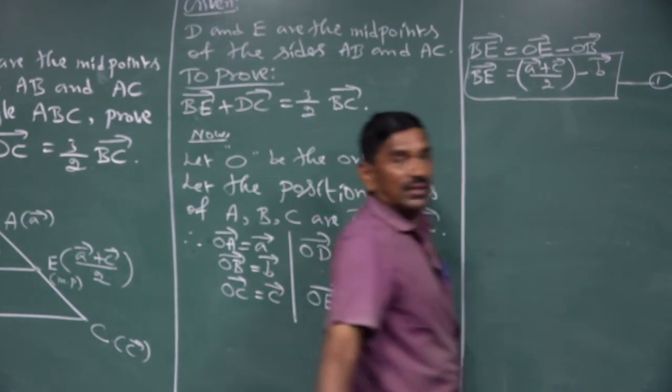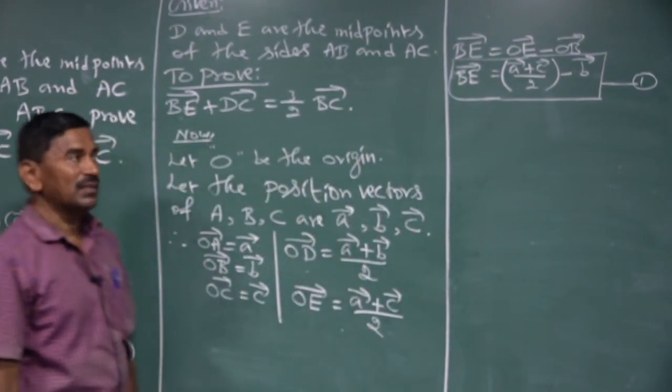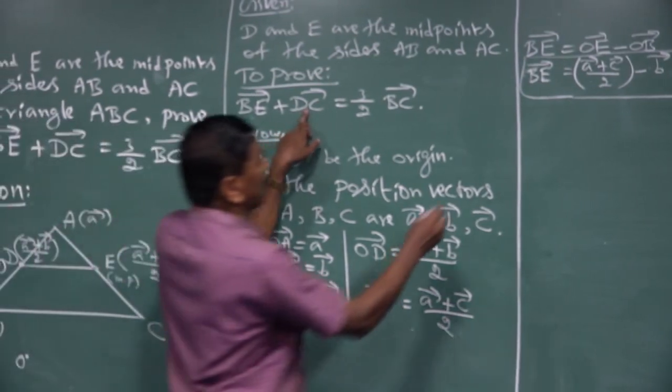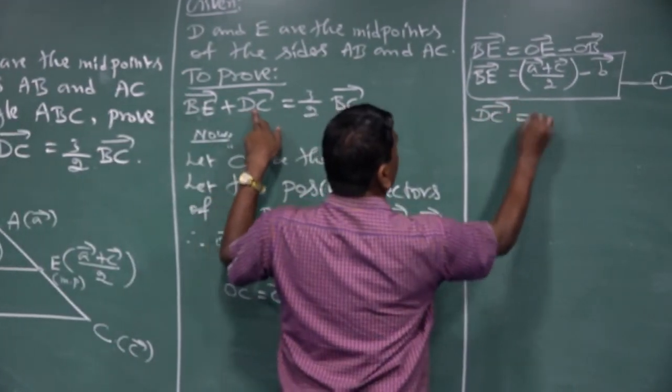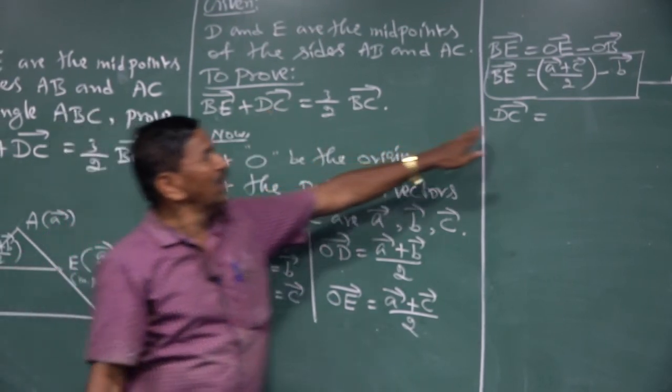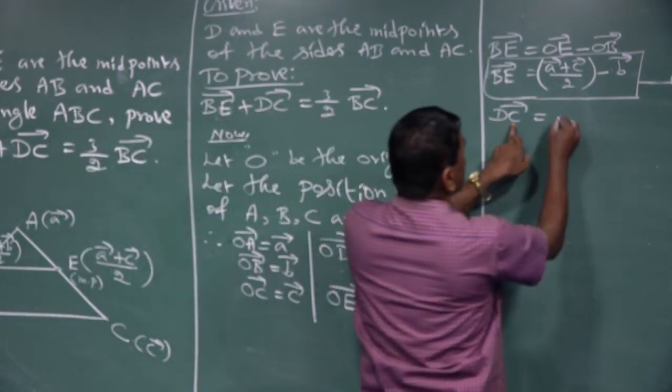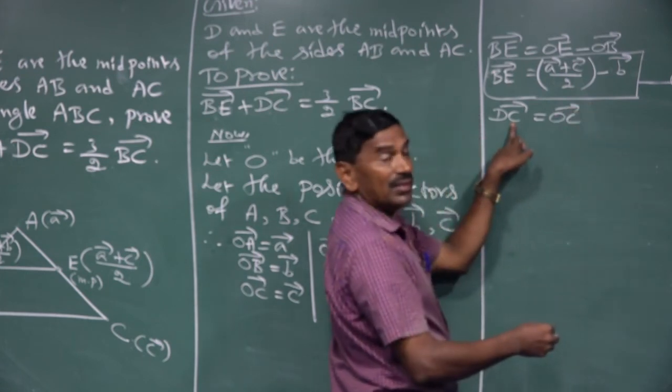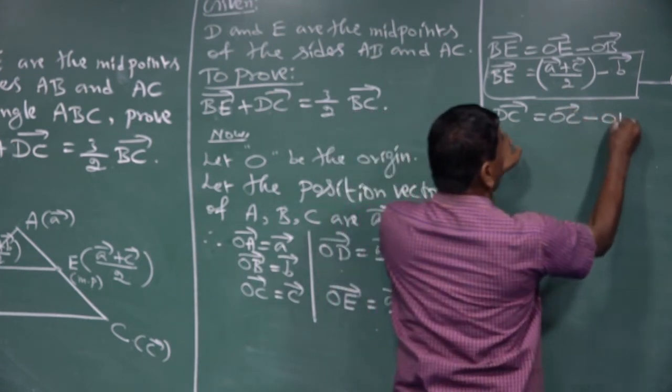First equation written. Now the second term, DC vector. Same idea: second minus first, that is OC vector minus OD vector.